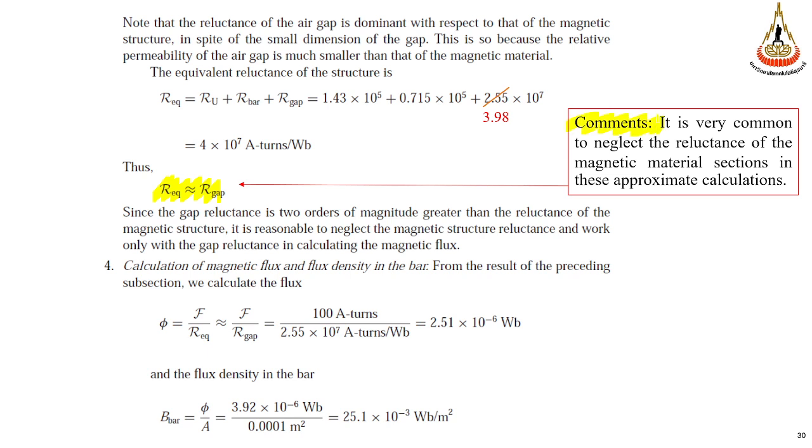So it is very common to neglect the reluctance of the magnetic material in approximate calculation. But this may not be allowed in the examination with an air gap, right?